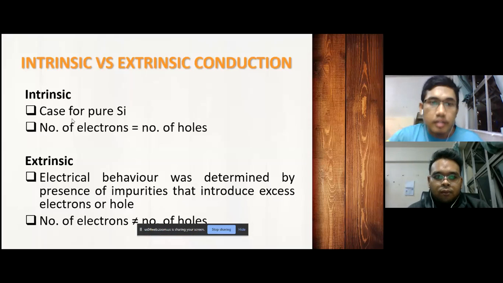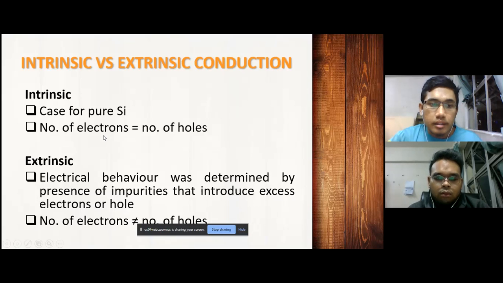Okay, next I will talk about intrinsic versus extrinsic conduction. The intrinsic is the case for pure silicon. For intrinsic, the number of electrons is the same as the number of holes. For example, if there are 4 electrons, the number of holes is also 4.